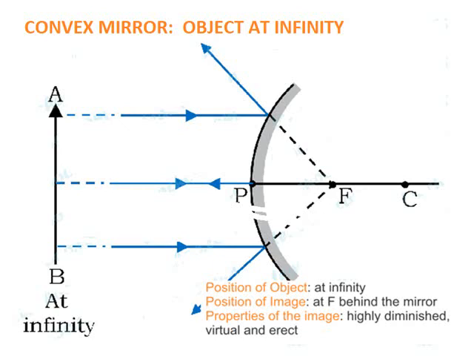Okay, so when the object is kept at infinity, you get the image at F, and it is a highly diminished image, and since it is formed on the right side, it is virtual, and you get an erect image. So these are the qualities of the image we get when the object is at infinity.